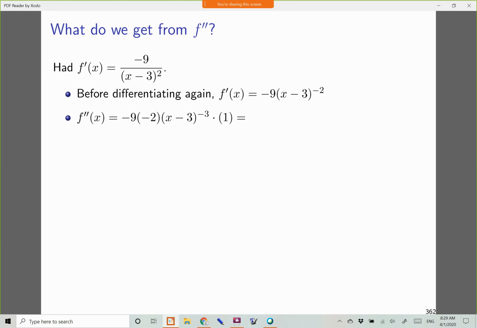So I copied down the power of -2 for the outside function, and then the power was lowered by 1 to a -3. The times 1 that you see over here, that's me reminding you that the chain rule here actually happened. So this times 1 in parentheses is because I had to differentiate x minus 3. Of course, the derivative of x minus 3 is just a 1, and a times 1 doesn't do anything, but I'm visually putting this here as a reminder that the chain rule was used.